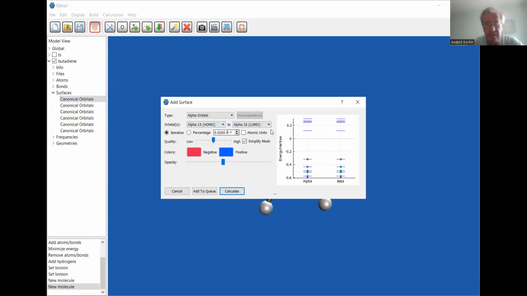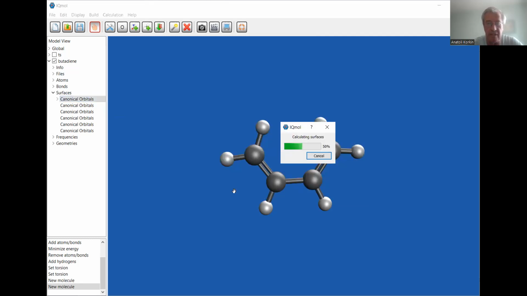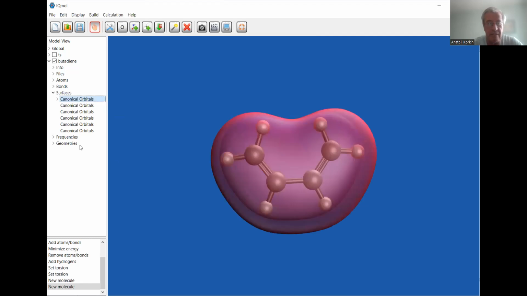It suggests as a default to calculate the highest occupied and lowest non-occupied, so I add one more: one below the highest occupied and one above the lowest unoccupied. So I do the calculate and see what we get. We'll see I calculated 4 orbitals, 2 of them occupied and 2 non-occupied.